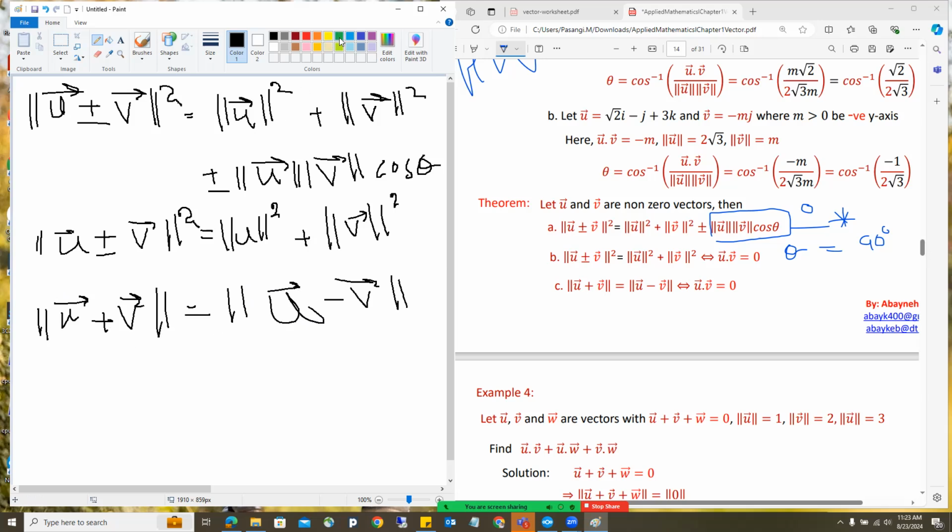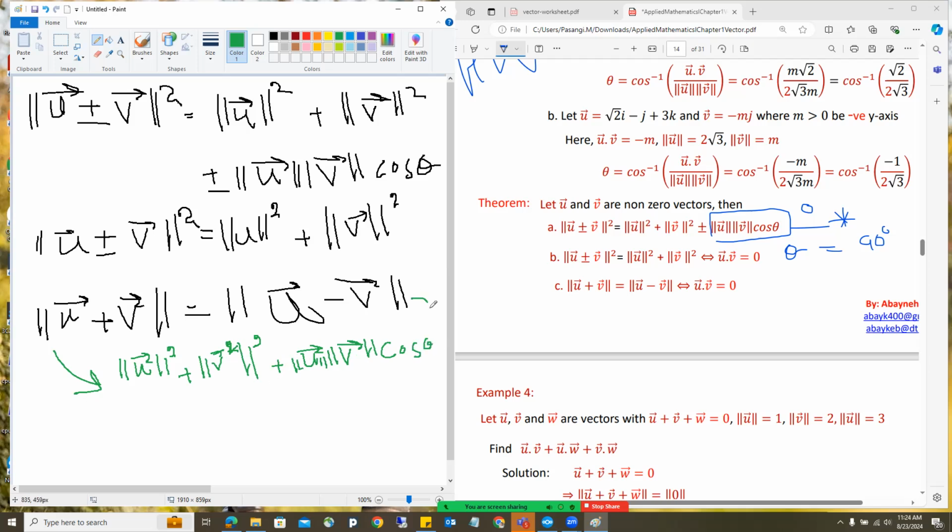If we consider this one, we can rewrite that part as u squared plus v squared plus u v cos theta.